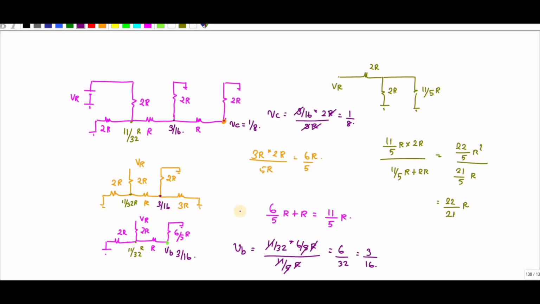So at last what we have found out, there is nothing but VR into 11 by 32, and this one is VR divided by 8.